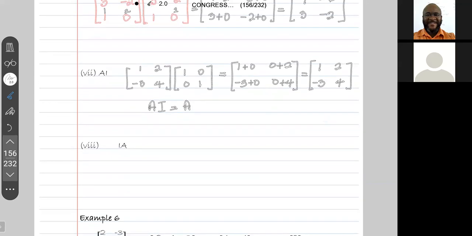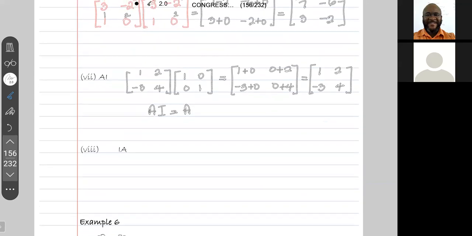And lastly, I times A: [1, 0; 0, 1] times [1, 2; -3, 4].